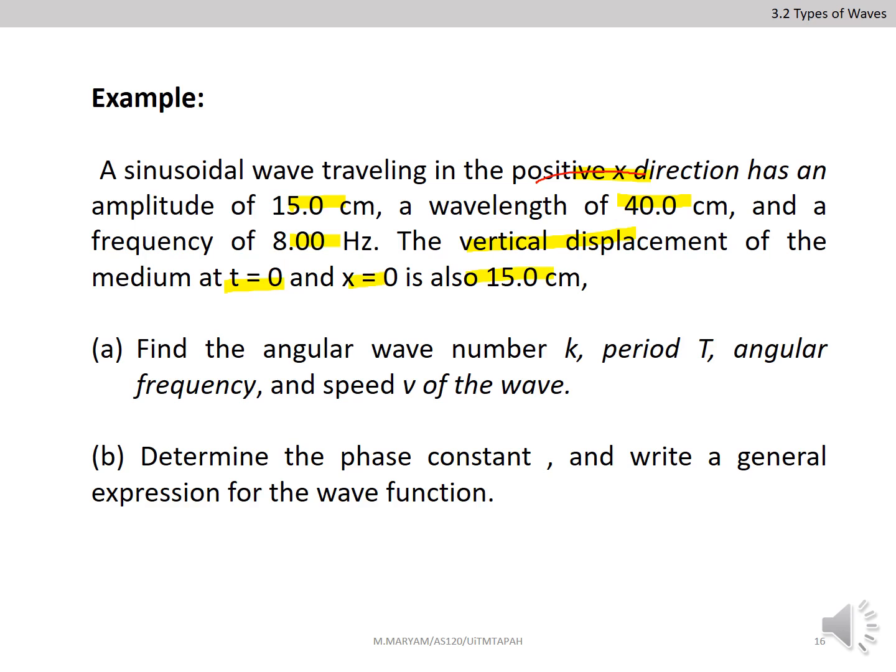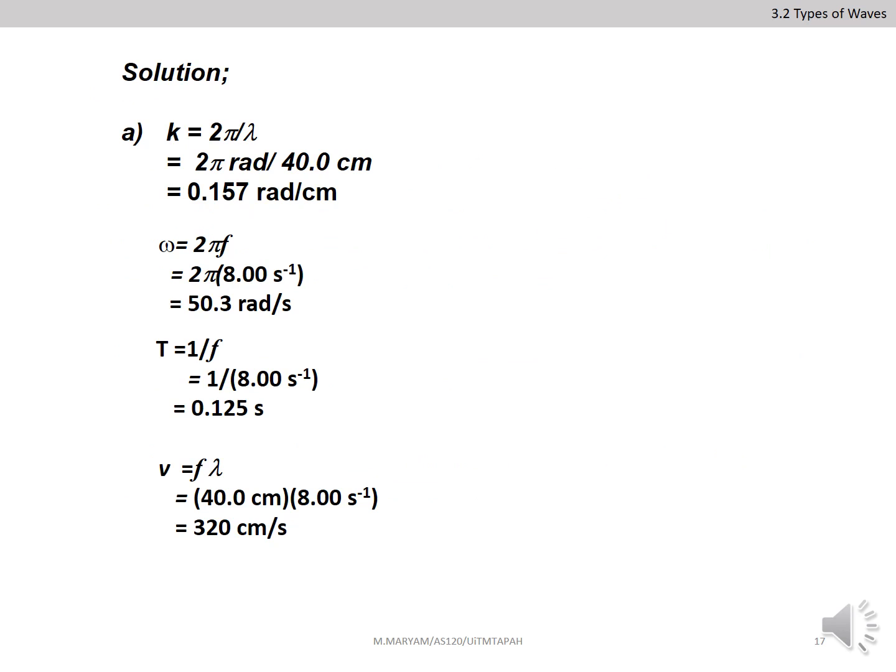The vertical displacement y of the medium at t equal to 0, x equal to 0 is also 15 centimeters. In A, you need to find the angular wave number k, period T, angular frequency omega, and speed of the wave. The first one is k, the wave number, equal to 2 pi divided by lambda.